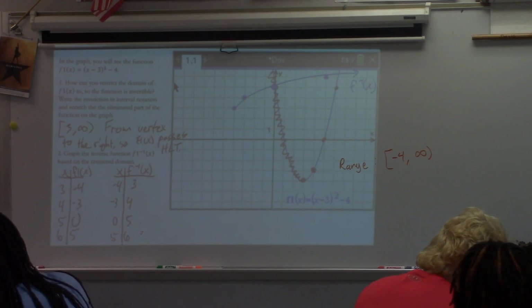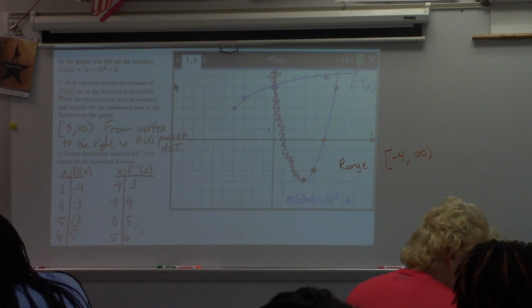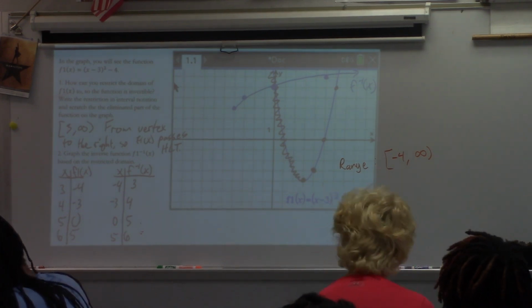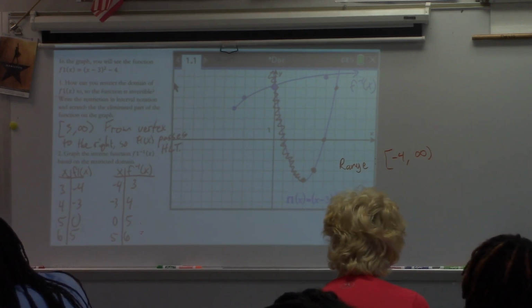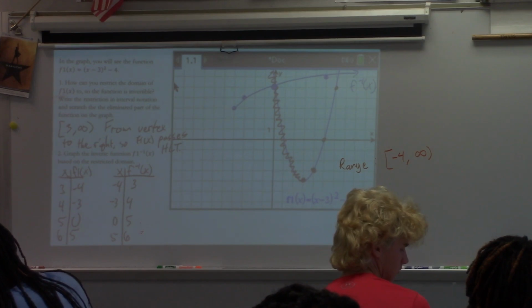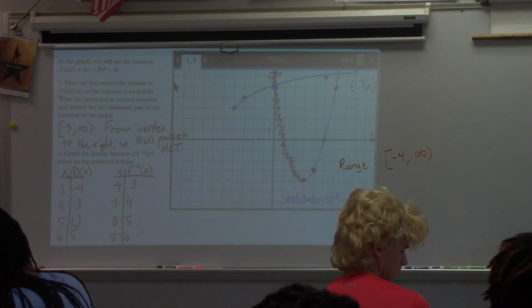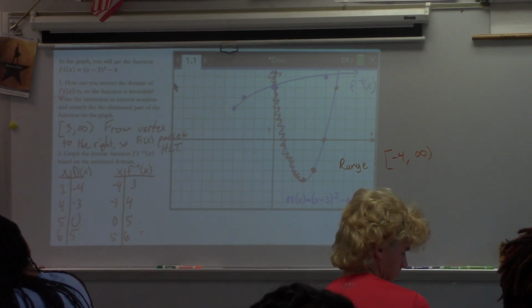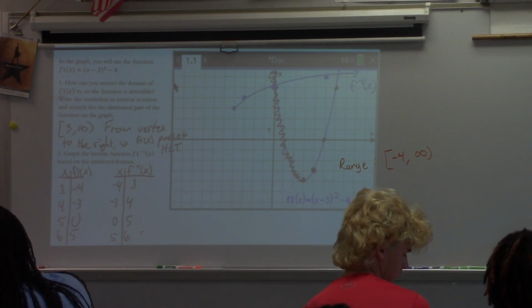Hopefully this is something where we can learn from it. We can update and quickly understand how to fix things. Horizontal line test. That is in the textbook, Module 3, Topic 1, Lesson 1. So if you look at Module 3, Topic 1, Lesson 1, you'll see information about the horizontal line test.